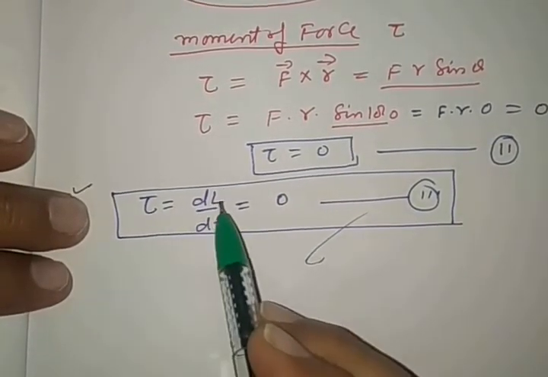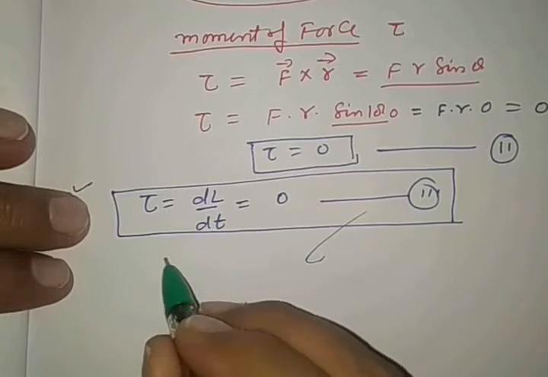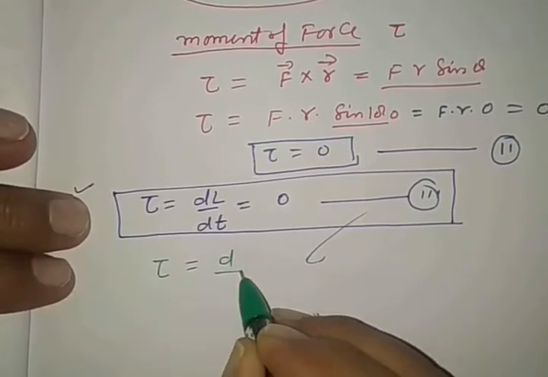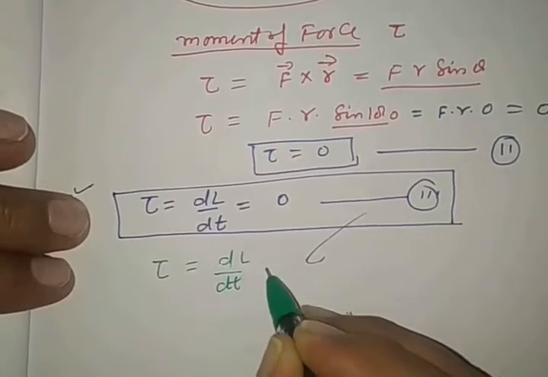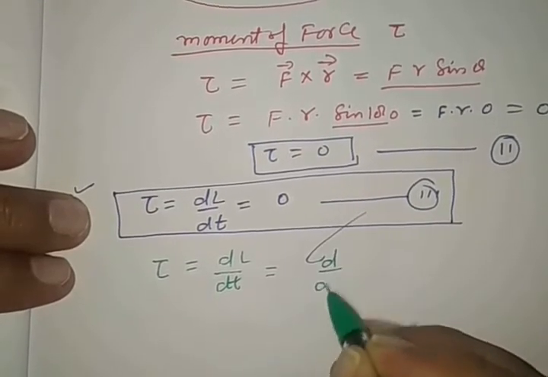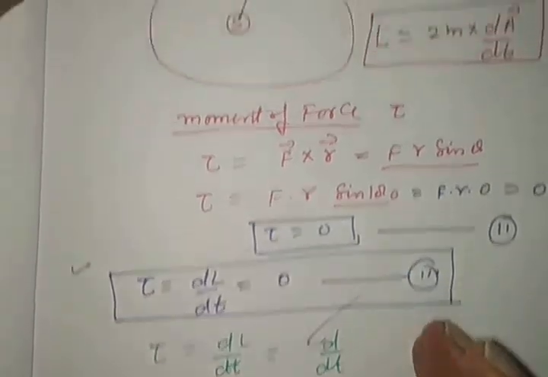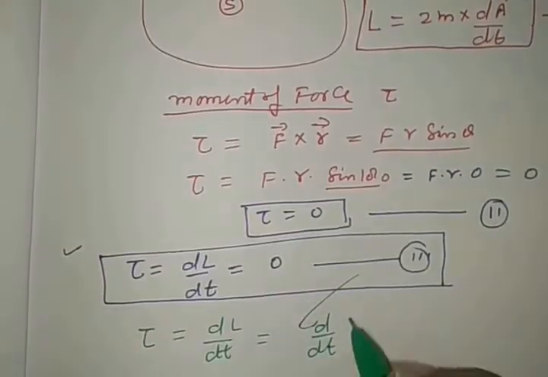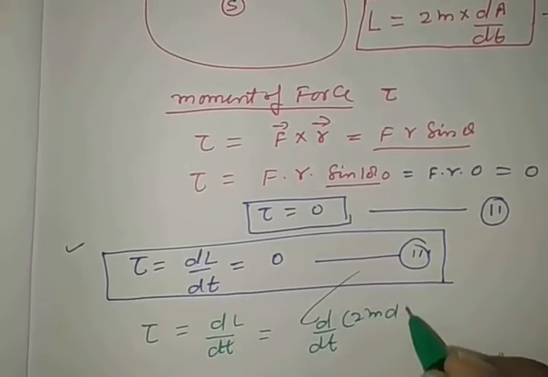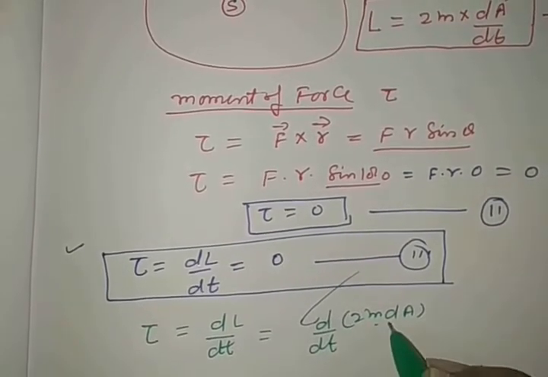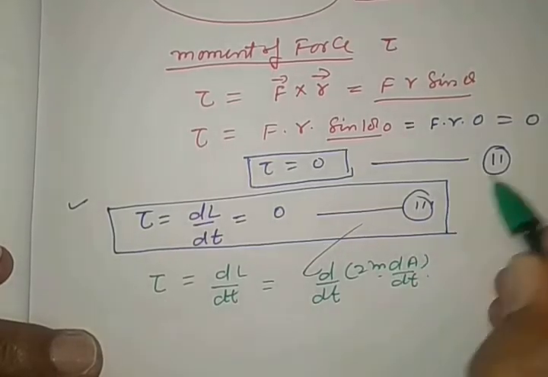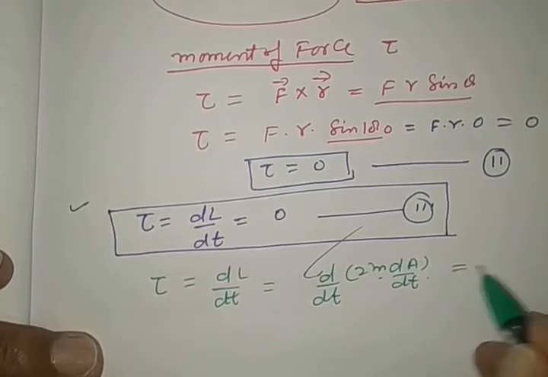Since torque is equal to dL by dt, we write torque is equal to d by dt of L. This d by dt of L is, from equation number 1, 2m dA by dt. And by equation 3, this torque is 0.